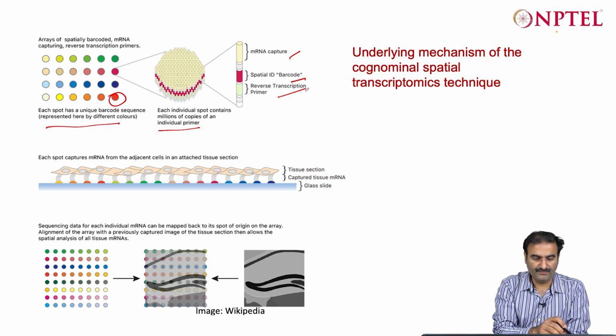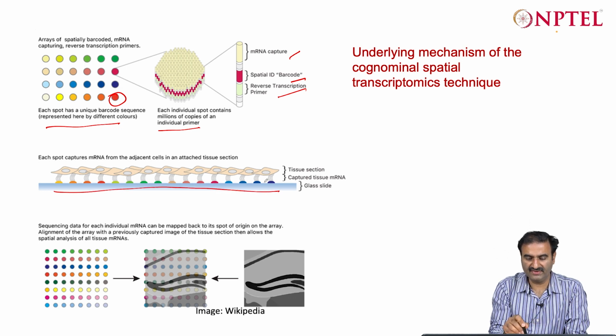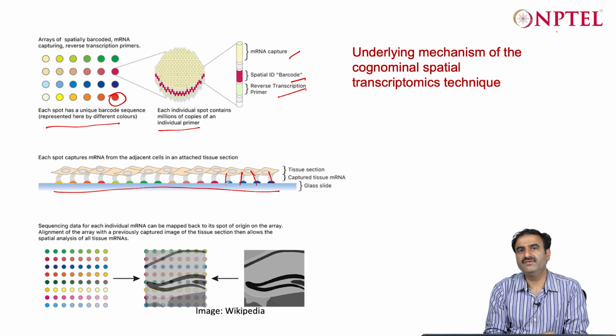So basically this will attach to the different cells like this, and get the contents from each and every cell, and then in this array you can get the differential expression of genes in different tissues in their normal condition.